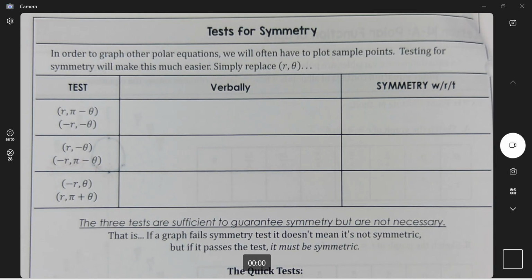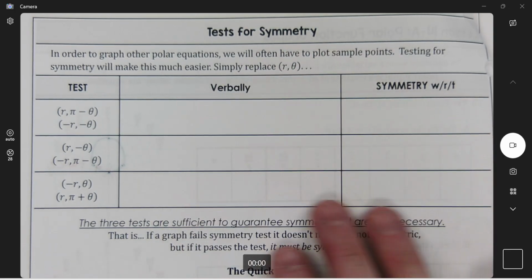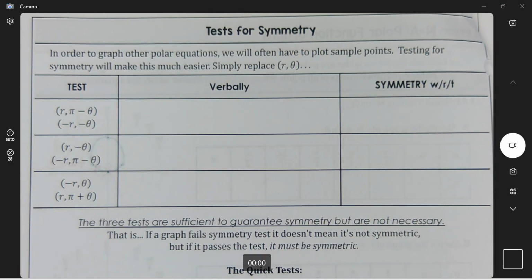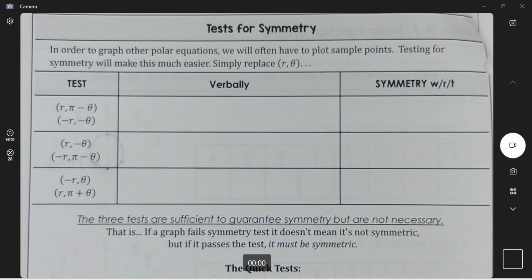If you see a sine theta, then you're dealing with vertical axis symmetry. If you see a cosine theta of any kind, the argument doesn't have to just be theta, then you're dealing with horizontal axis symmetry. That's essentially what was going on here, and there's also symmetry with respect to the origin, but you would have to do all kinds of tests to even see what's going on, and I'm just not a huge fan of that.